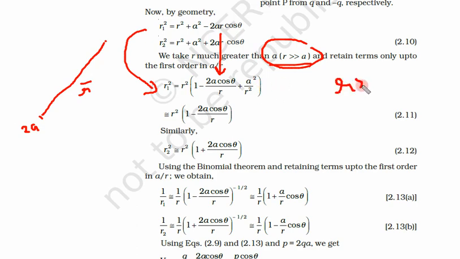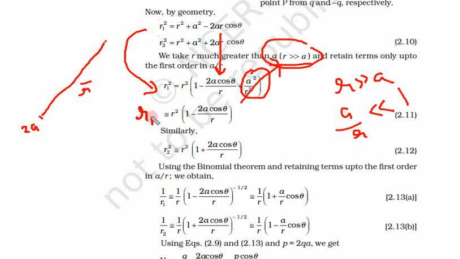If r is greater than a, then a upon r must be less than 1. So a square of this would be almost negligible, hence it cancels out. So what is remaining is r1 square is simply equal to r square times 1 minus 2a cos theta upon r.